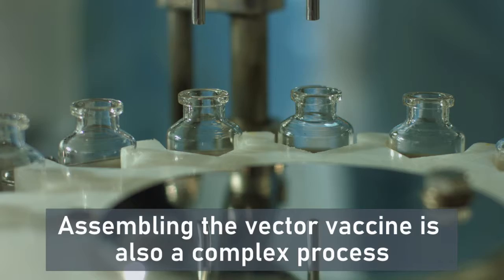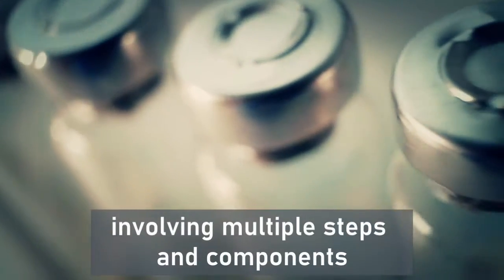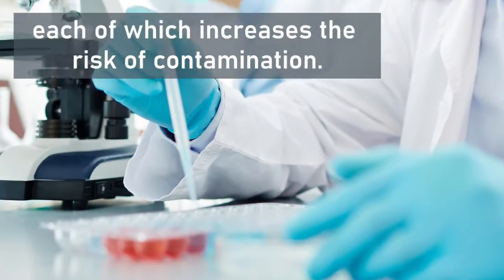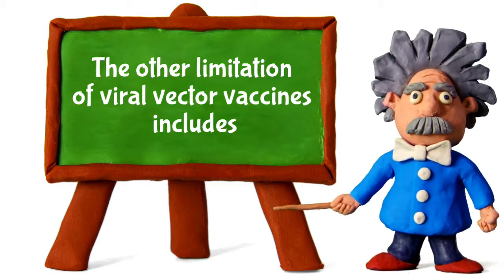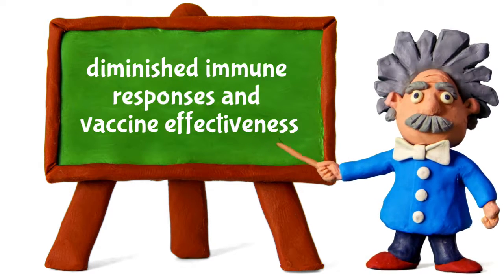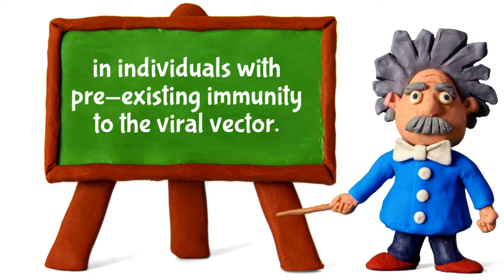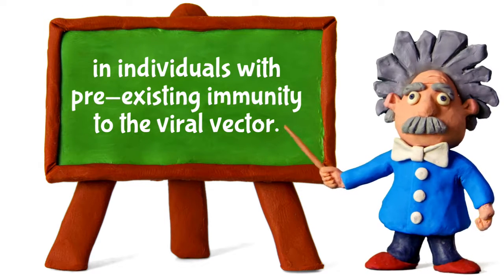Assembling the vector vaccine is also a complex process involving multiple steps and components, each of which increases the risk of contamination. The other limitation of viral vector vaccines includes diminished immune responses and vaccine effectiveness in individuals with pre-existing immunity to the viral vector.